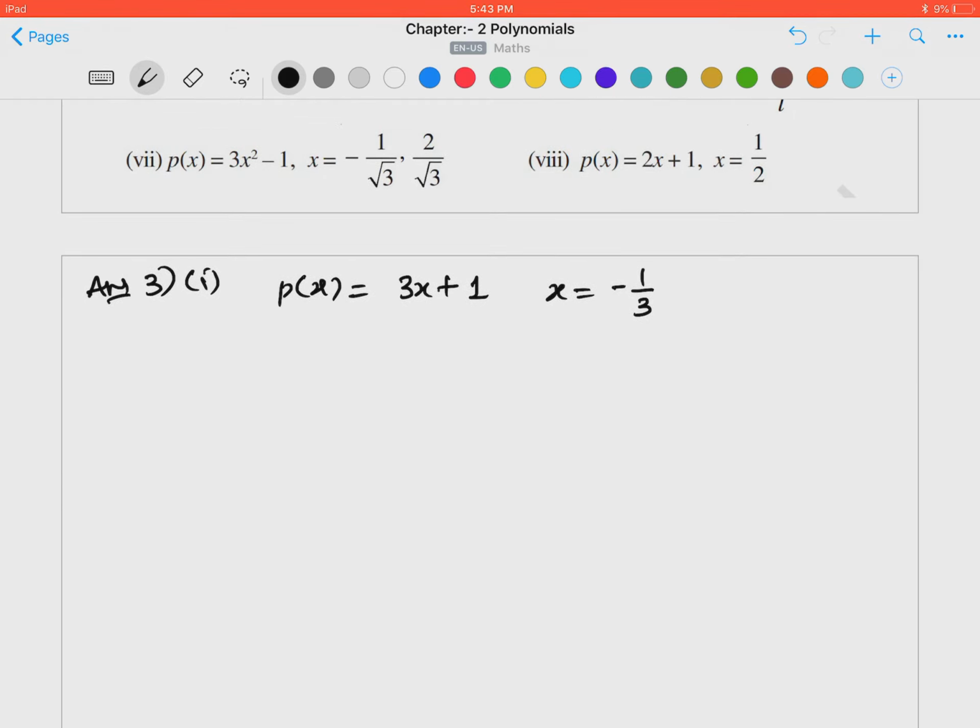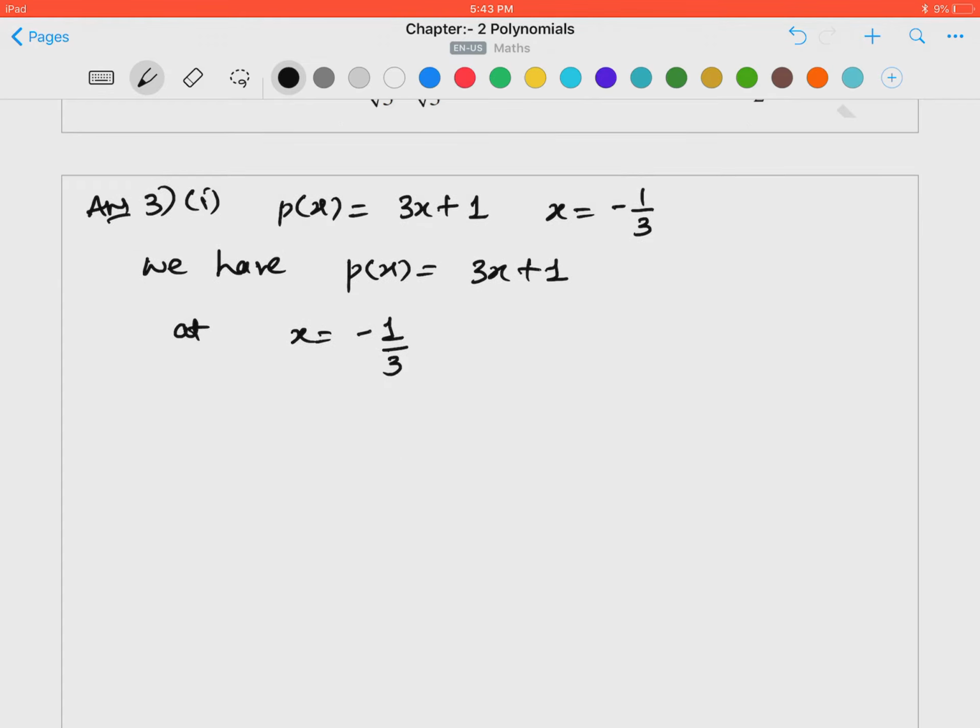So we have px equals to 3x plus 1. So now at x equals to minus 1 by 3, at the place of x we'll write minus 1 by 3, so we have 3 multiplied by minus 1 by 3 plus 1. So these 3's will be cancelled out, we'll remain with minus 1 and plus 1. So minus 1 and plus 1 will result into 0.